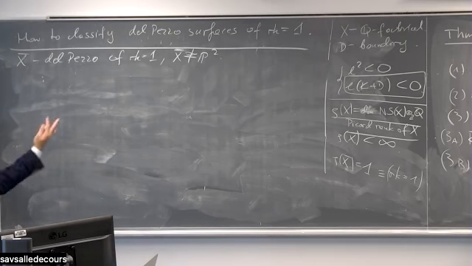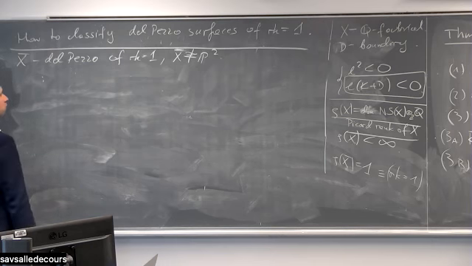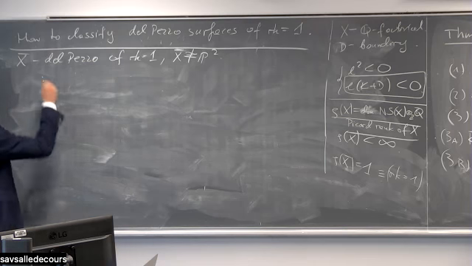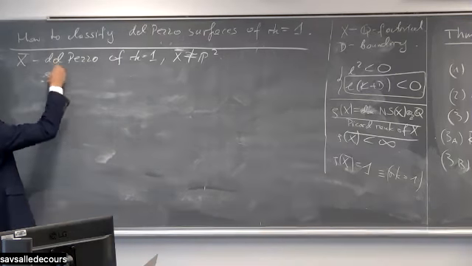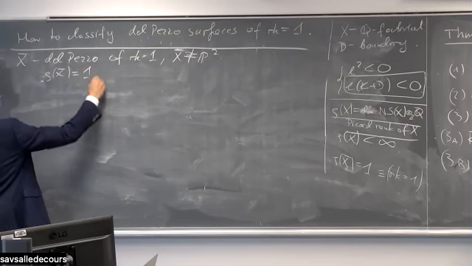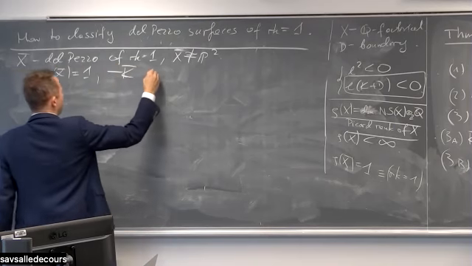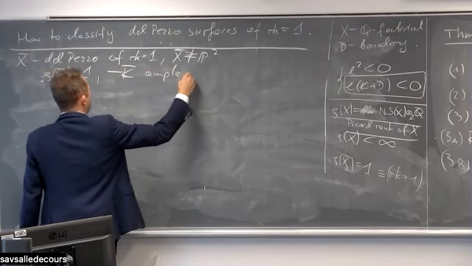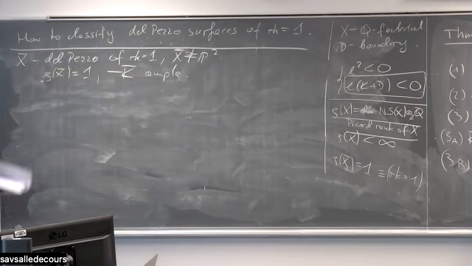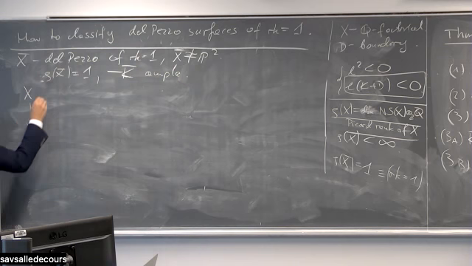I want to have the classification of underlying del Pezzos, so P2 is perfectly well understood. It says that rho of X bar is 1 and minus K bar is ample. Okay, in particular, I have a minimal resolution, which is non-trivial.